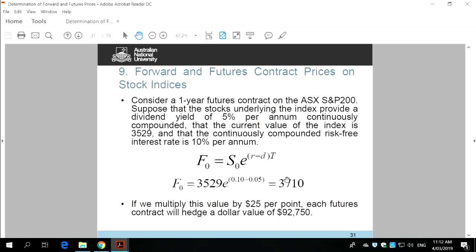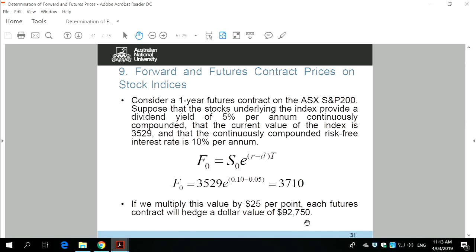And if you do that, your answer is wrong, because the future price has to be expressed in dollar terms. Now, the convention in Australia is that every point is worth $25. So that's the multiplier you have to multiply with the points. So 3,710 multiplied by 25, that is the dollar value. So always do that.